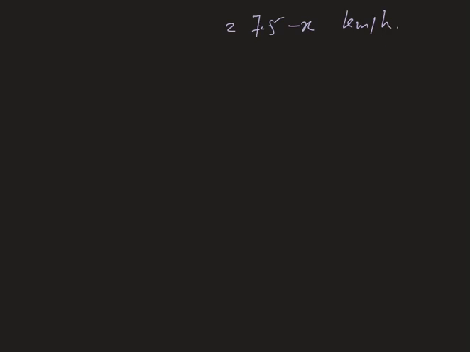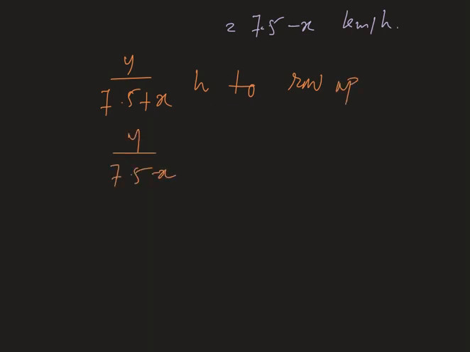Now we can say that he needs y by 7.5 plus x hour to row up, and y by 7.5 minus x hour to row down.